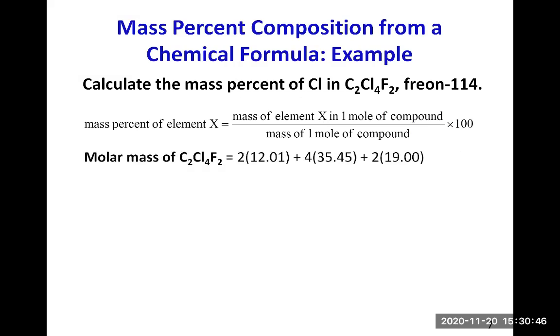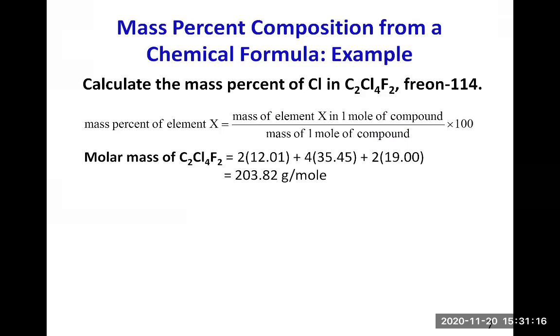C2Cl4F2. So we have 2 carbons, so 2 times 12.01 grams per mole of carbon, and 4 chlorine, so 4 times 35.45 grams per mole of chlorine, plus 2 fluorine, so 2 times 19.00 grams per mole of fluorine. When you add this all up, it's 203.82 grams per mole of C2Cl4F2.